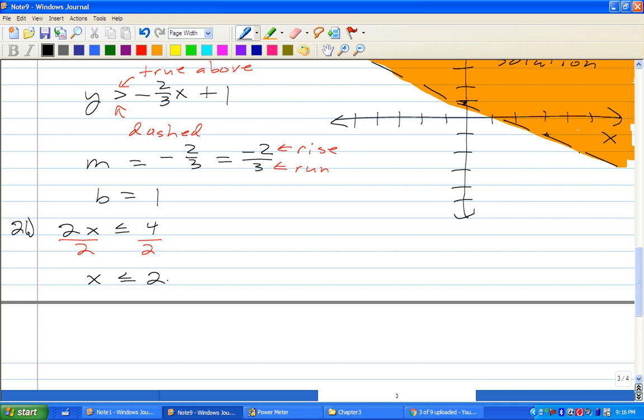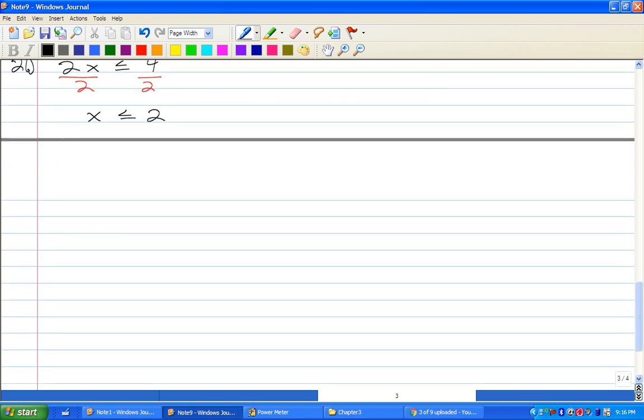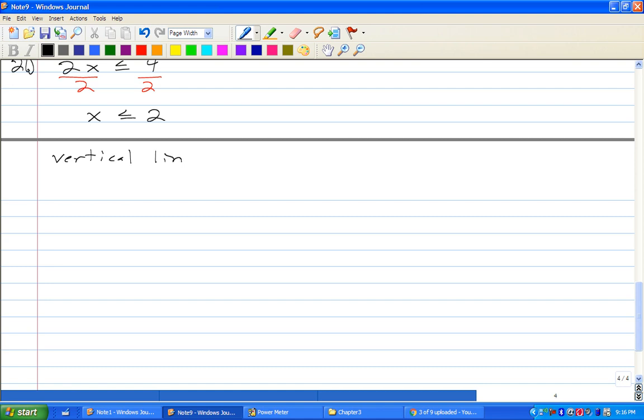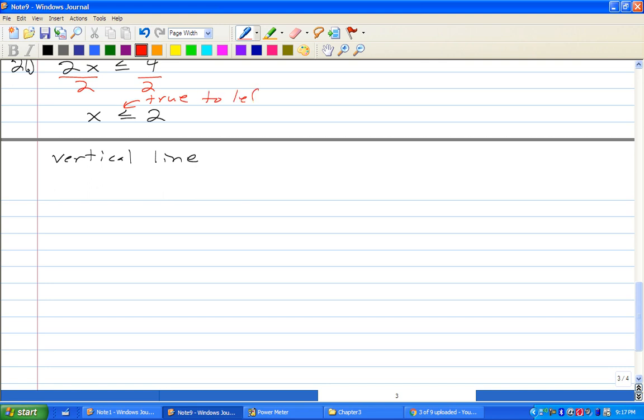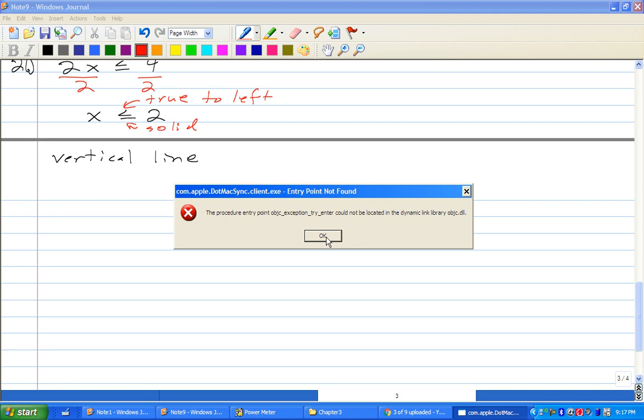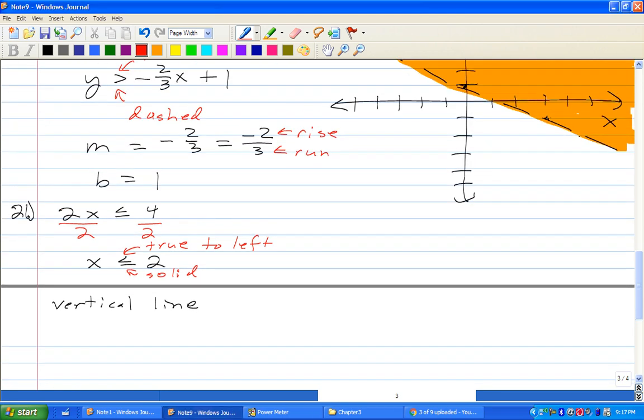So you notice that in this case, the boundary line is a vertical line. So that's what my boundary line will be. And it will be true to the left. And it will be a solid line. So a solid vertical line.